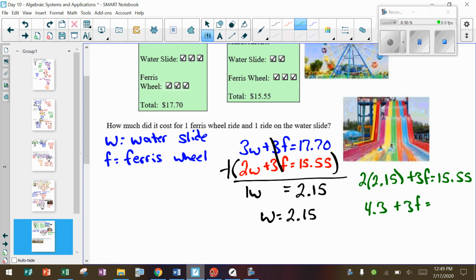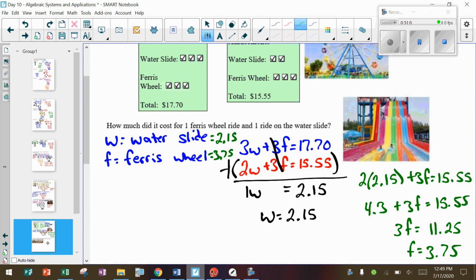I'm going to subtract that from the 15.55. And I get 3 Ferris wheel tickets totals $11.25, which means 1 Ferris wheel ticket when I divide by 3 is $3.75. So the water slide was $2.15 and the Ferris wheel was $3.75.